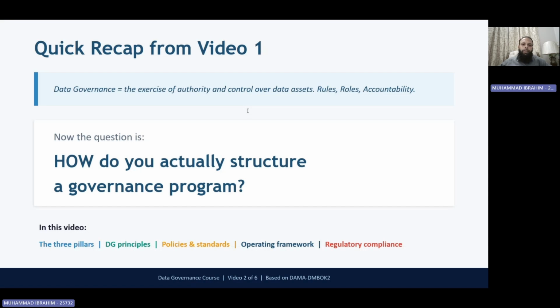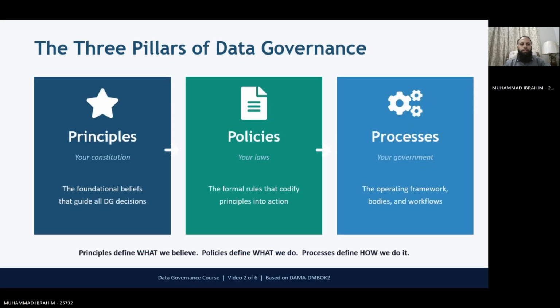Now the question is, knowing all of that is great, but how do you actually structure a governance program? How do you go from the concept of governance to something that works in practice? That is exactly what this video is about. We are going to cover the three pillars of governance. Let's get started.